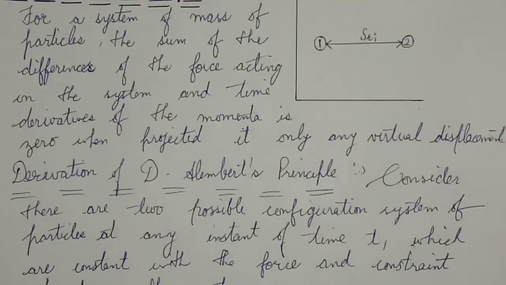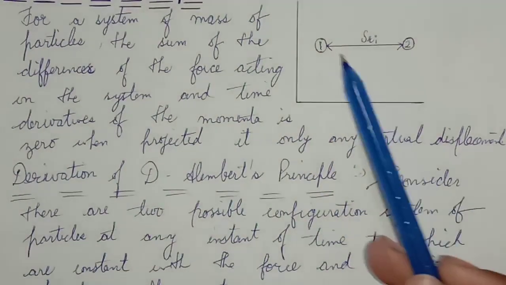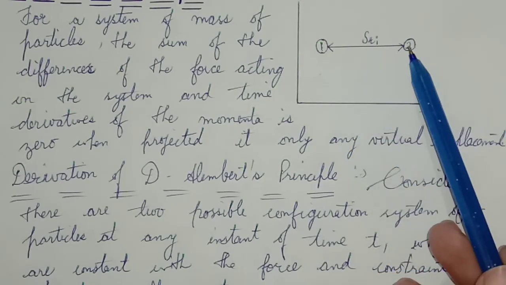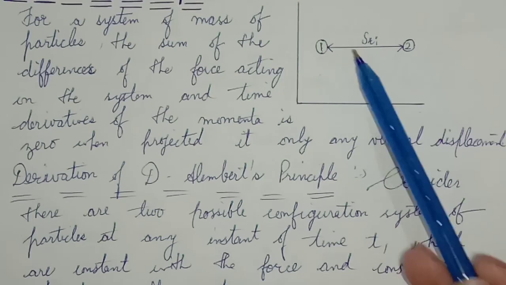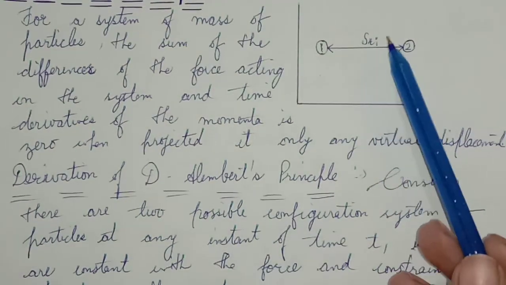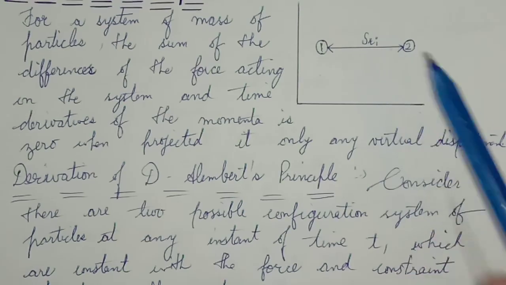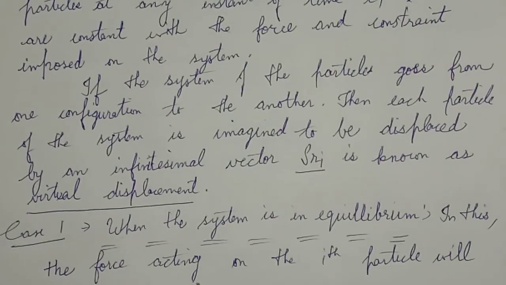Now we write its derivation. In this I explain the particle covers some distance, that means from this configuration it moves some distance at any time t, then we get the value of delta r_i. So in case 1 I explain the force acting on the ith particle will be 0.